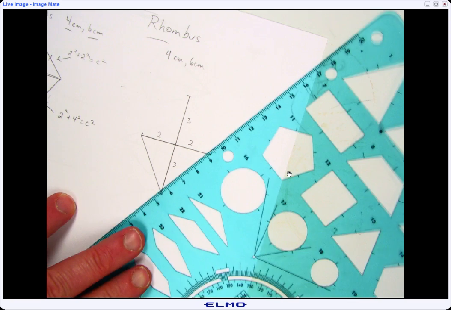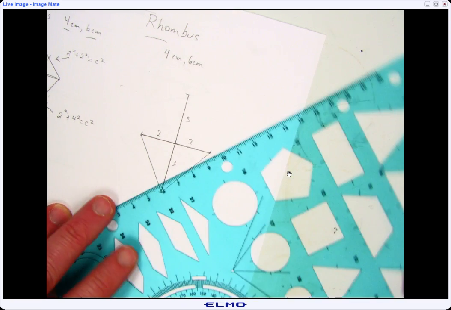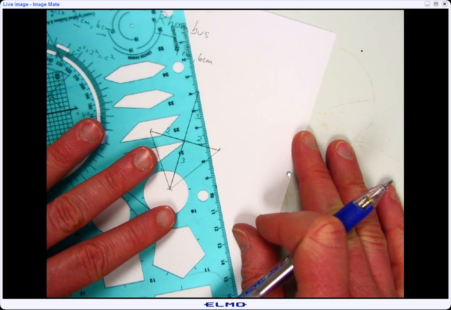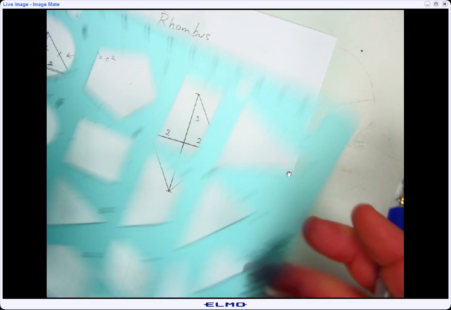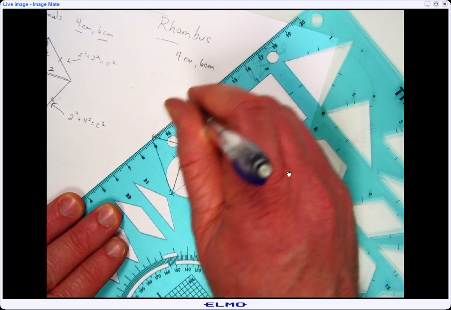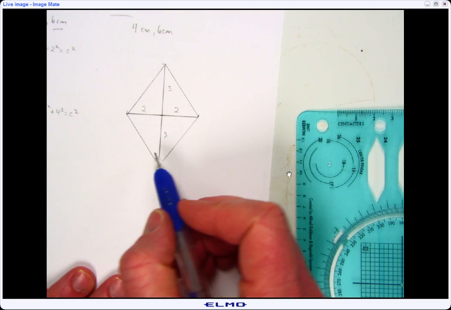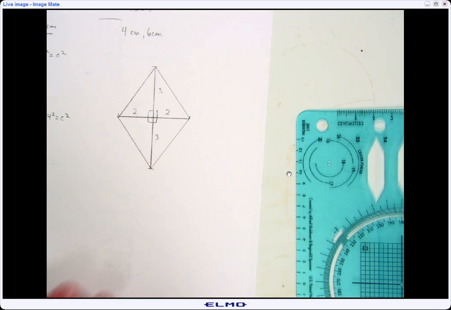So you start out with the construction assumption that you have 4 right angles. And then you could find the lengths of each side of this rhombus.